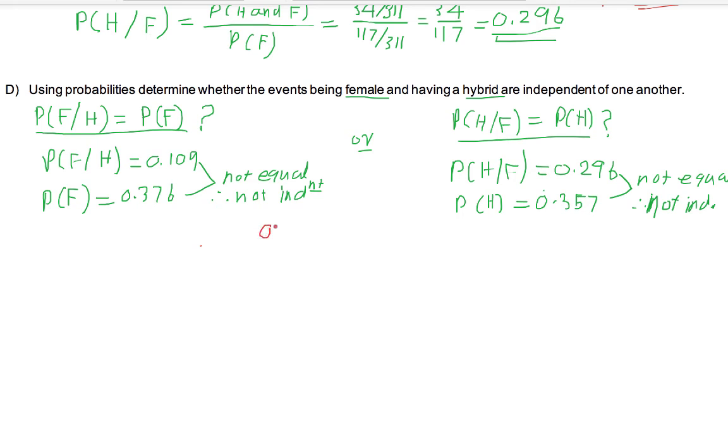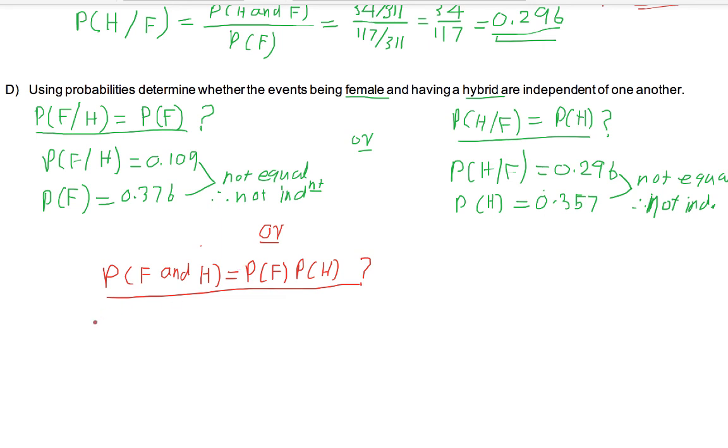So you can check probability of F and H equal to probability of F times probability of H. Okay, so if these two are independent, then this must be equal.